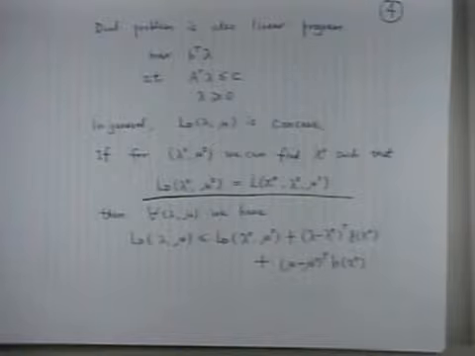Otherwise, there will be a so-called duality gap, meaning that your best dual solution probably is not really good for your primal solution, but still you can see how close they can be somehow.